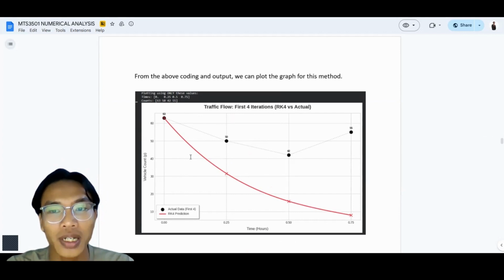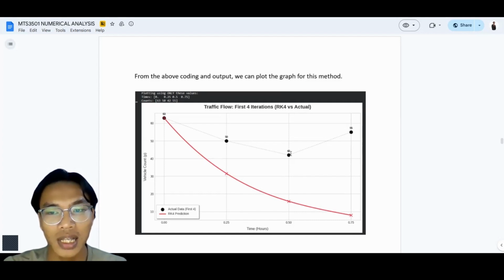While RK4 predicts a drop to roughly 50 cars at 0.5 hours, the actual data shows 42 cars. Furthermore, at 0.75 hours, the actual data spikes up to 255 while our model continues to drop.